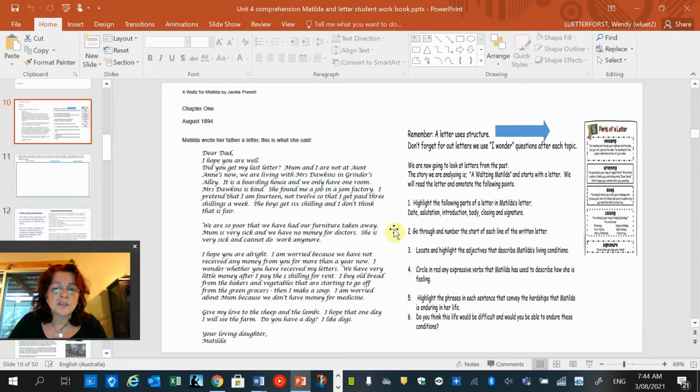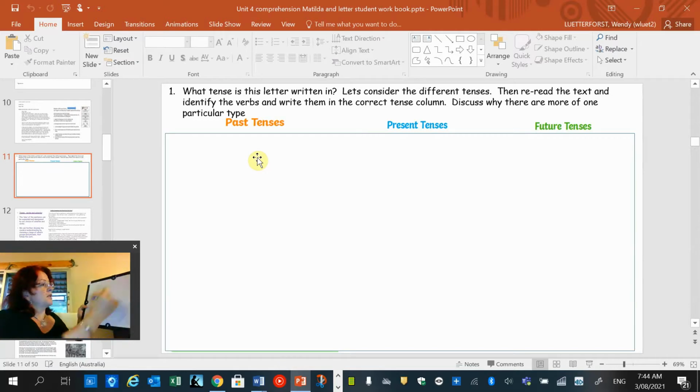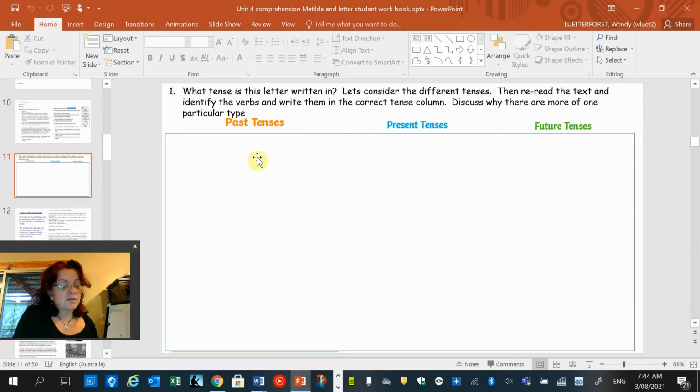Actually, one more little thing that we might do before we go, I nearly forgot, is can you please rule up your book just with five lines, don't make it too huge, and I would like you to put on there past, present and future tense. So just like this, past, present and future tense. Now, as we learnt with our own letter writing, we wrote a letter to our future selves.